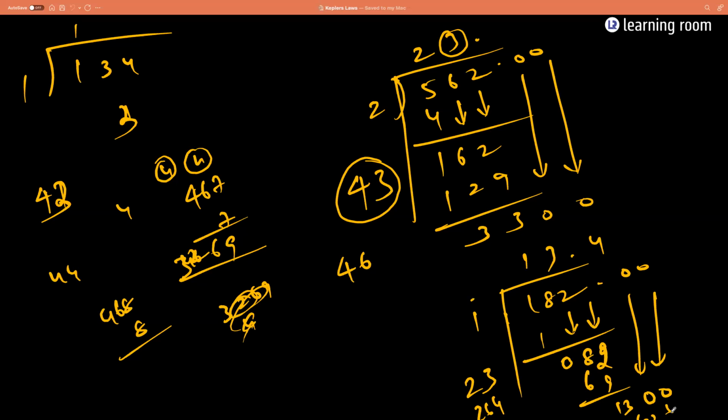What concept are you using there? A is equal to PQ plus R, where R is greater than or equal to 0, and Q is the number with which you are dividing.